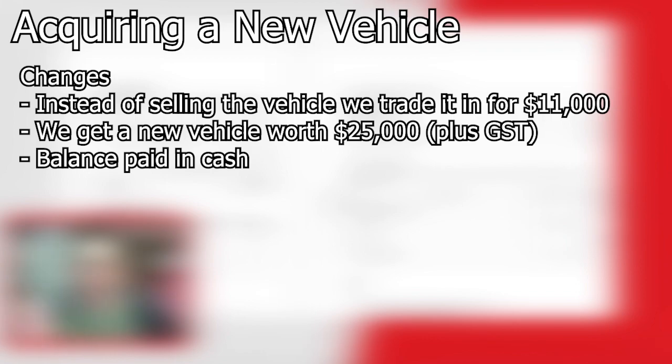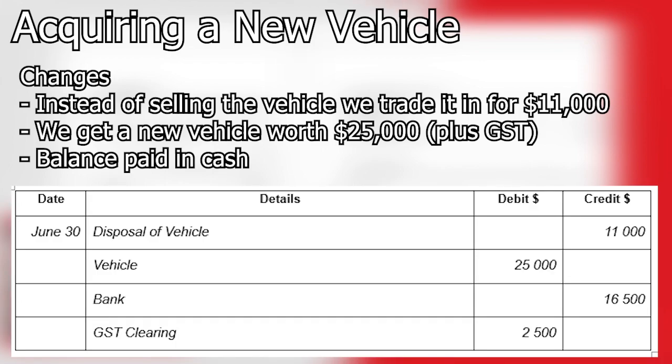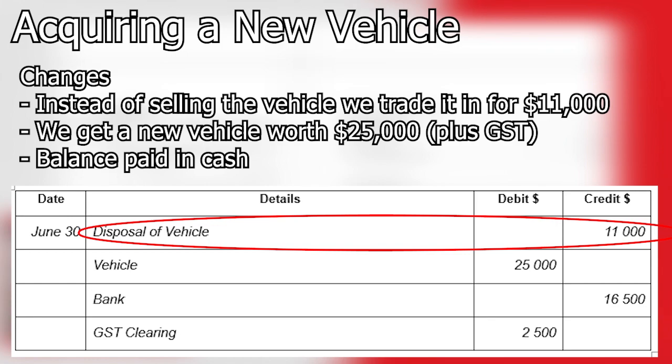And then lastly, I just want to talk about the new vehicle and the trade-in. So instead of selling the vehicle, we trade it in for the same amount and we buy a new vehicle worth $25,000 plus GST, and we use cash to pay the balance. So disposal of vehicle stays the same. If we compare the general journal from this new example of buying a new asset to the original, we can see here it's still a credit of $11,000. That stays as is.